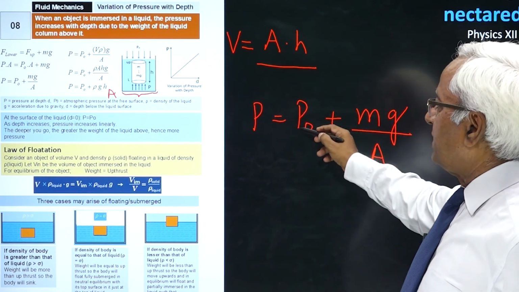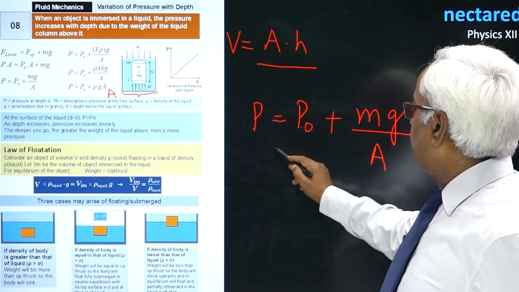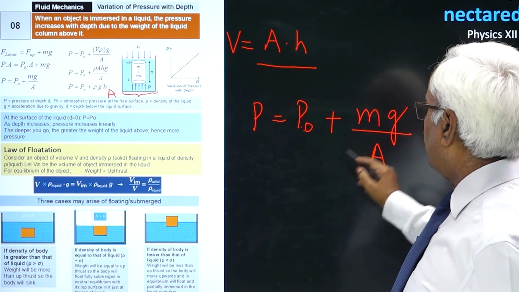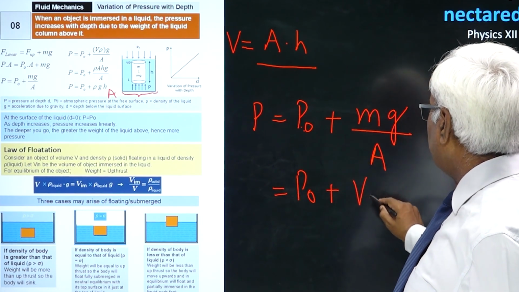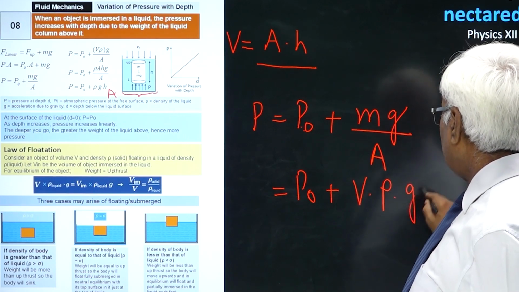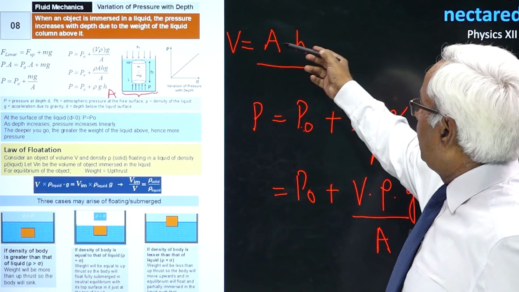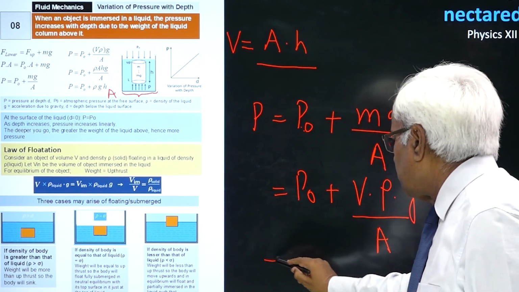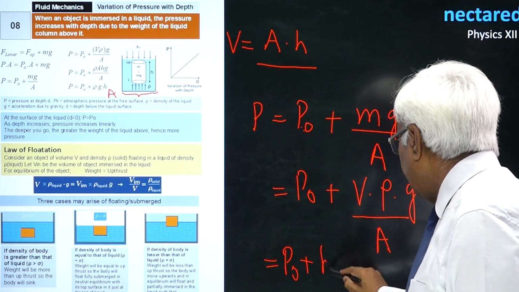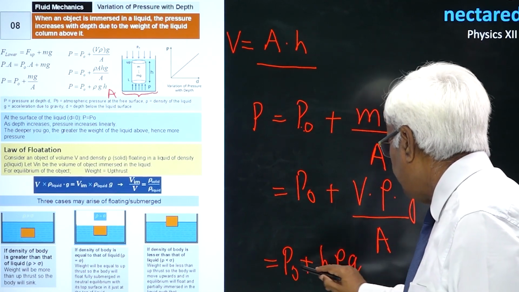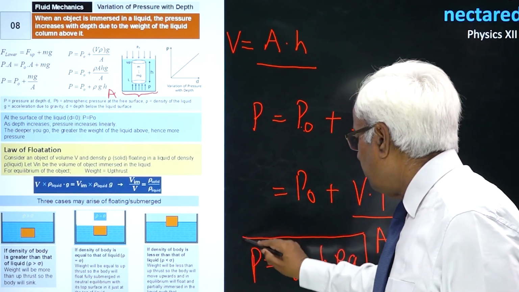So, it could be written as P0 plus mg upon A, and for this m we could write V rho g upon A. You see, V upon A is going to be H. So, this finally becomes P0 plus H rho g. This is the pressure at the bottom.